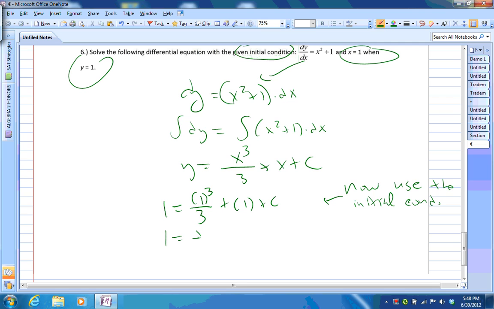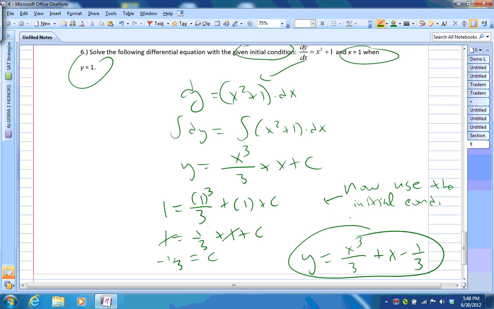So 1 equals 1/3 plus 1 plus c. If you solve for c, the 1's cancel on each side, so c is going to equal negative 1/3. So now your equation will be y equals x cubed over 3 plus x minus 1/3. And that would be answer number 6.